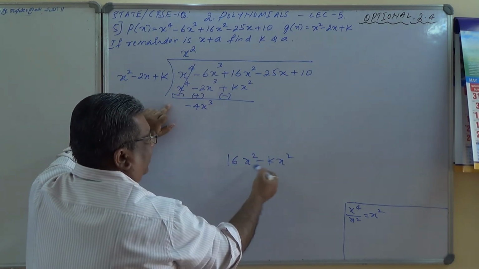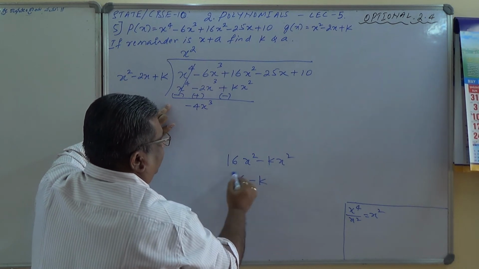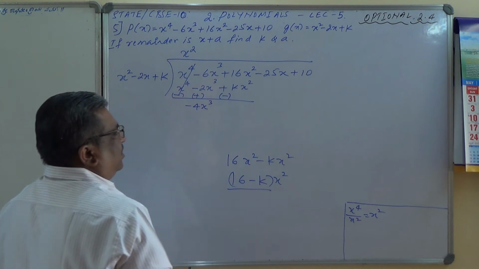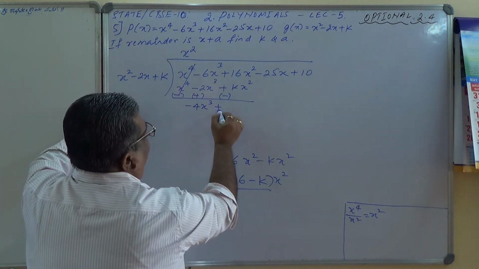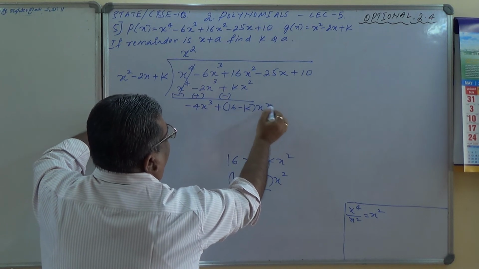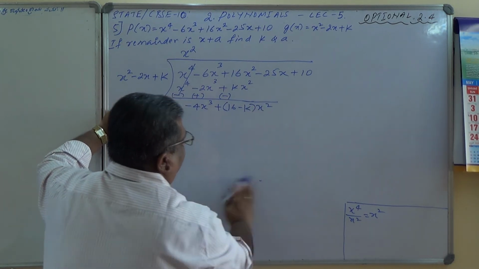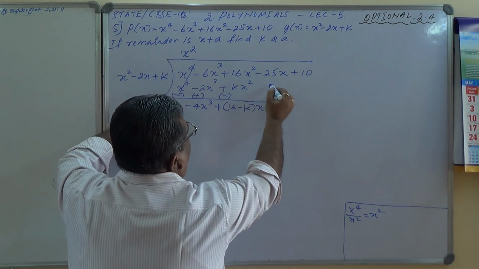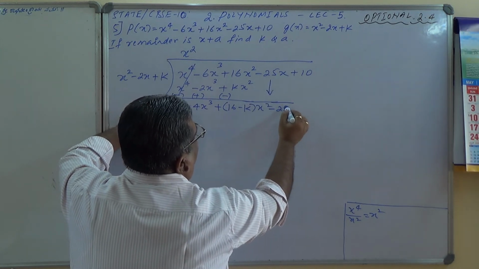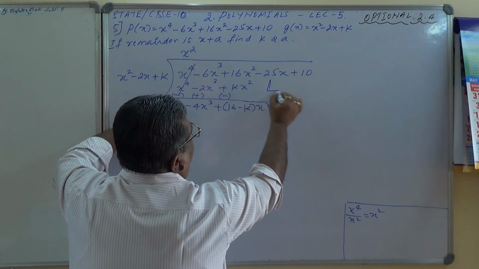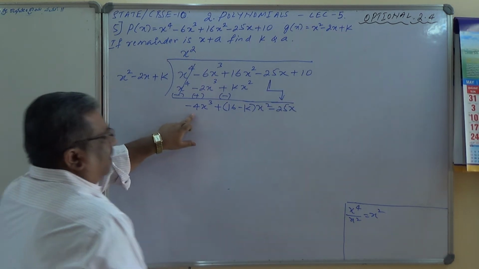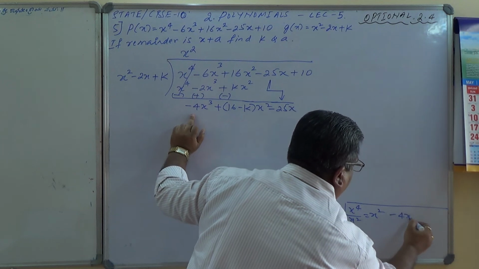What is common here, x square, 16 minus k x square. Can I write like this? I'll write this as a coefficient there. So plus 16 minus k x square. Okay, now pull down this minus 25x.